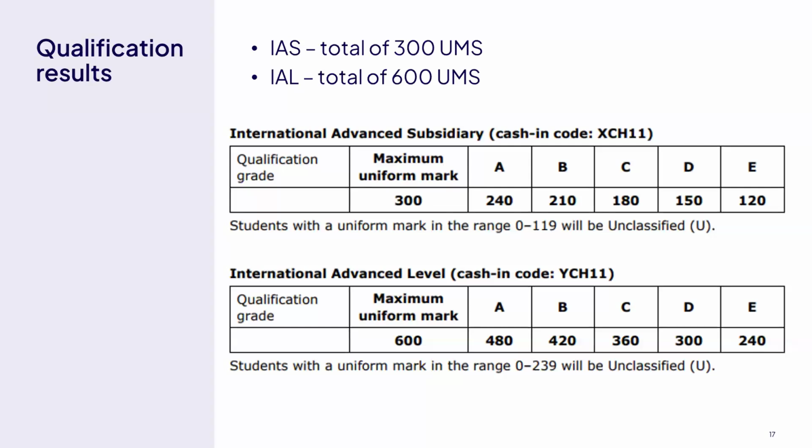The A star, which is the top grade, of course, is awarded to students with 480 uniform marks or more, provided that 270 uniform marks or more are scored on the A2 units. So there's a qualification there. They can't just score 480 uniform marks. They have to get 270 of those on the A2 units.